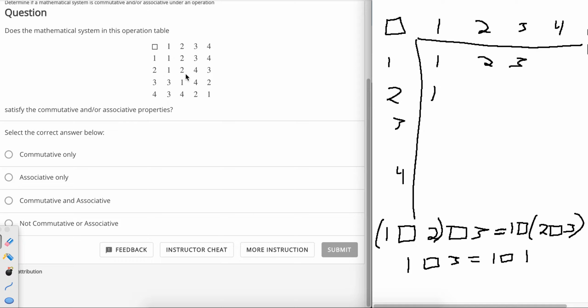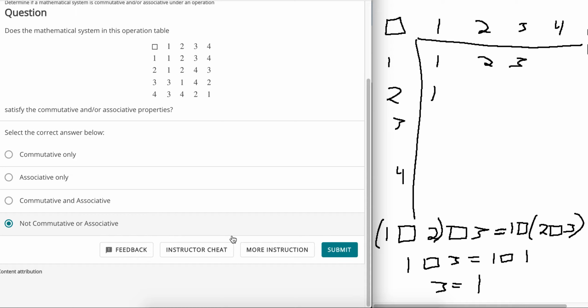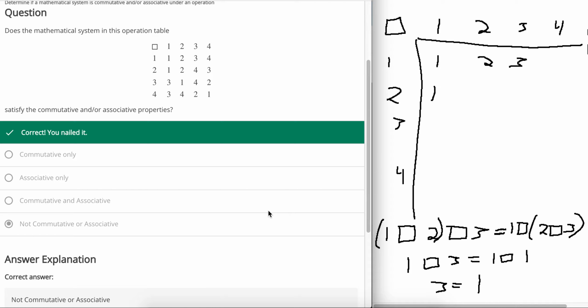And so 1 on the row, 3 on the column gives us 3. 1 in the row, 1 in the column gives us 1. So the order you do the operation in does matter. The associative property doesn't hold. So it's not commutative or associative because we found counterexamples. We found something that made the commutative property be false. We found something that made the associative property be false.